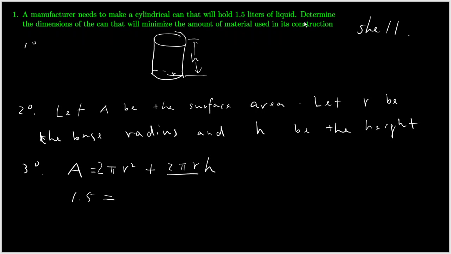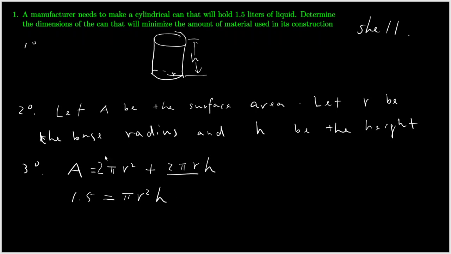What is the volume of a cylinder? The volume of 1.5 is equal to the base area, then times height. Base area is pi r squared, and then times height. Okay. If I'm telling you that, I believe you can remember. It's just a long time ago.